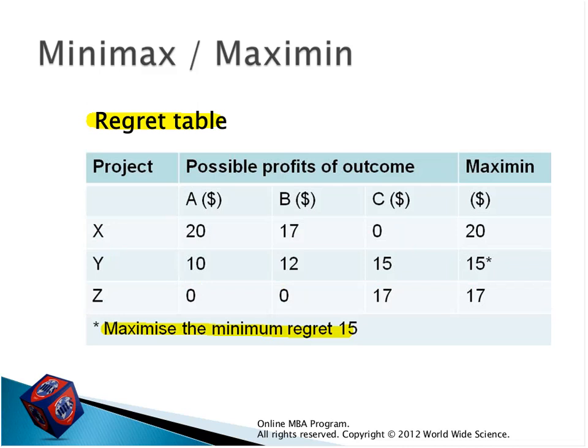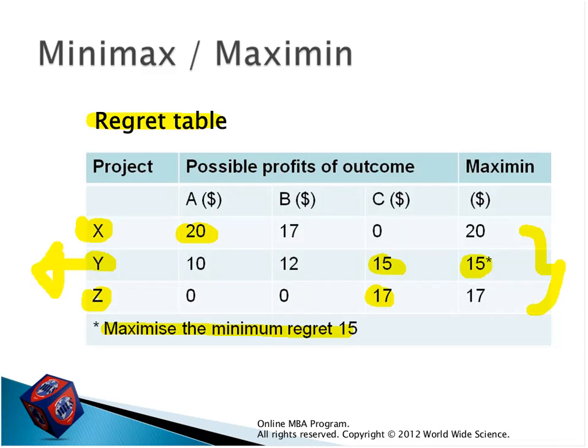First of all, we select from the projects the highest possible profits. From project X it's 20, right? From project Y it's 15, and from project Z it's 17. After that, we find the minimum from these three. It's 15 under project Y.